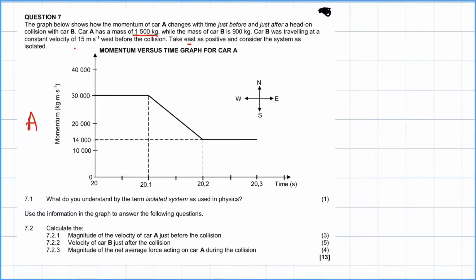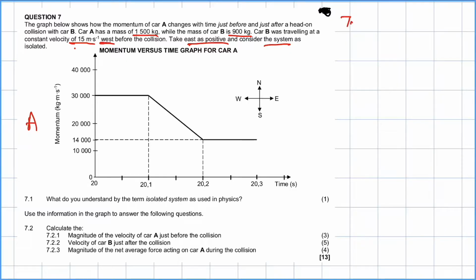Car A has a mass of 1500 kg, while car B has a mass of 900 kg. Car B was traveling at a constant velocity of 15 meters per second west just before the collision. We are told to take east as positive and consider the system as isolated.